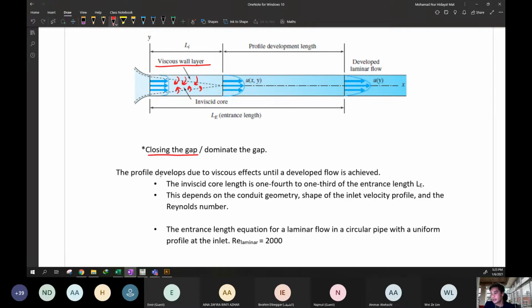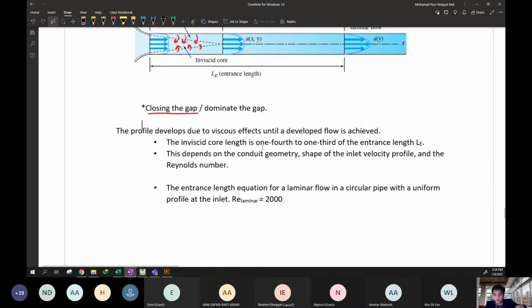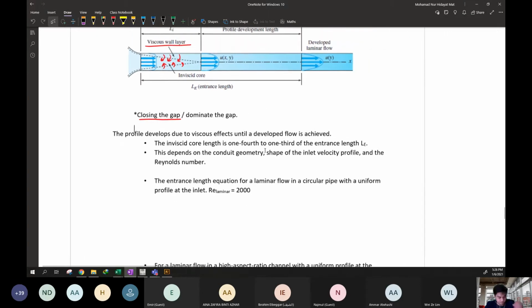So the profile develops due to the viscous effect until the developed flow is achieved.